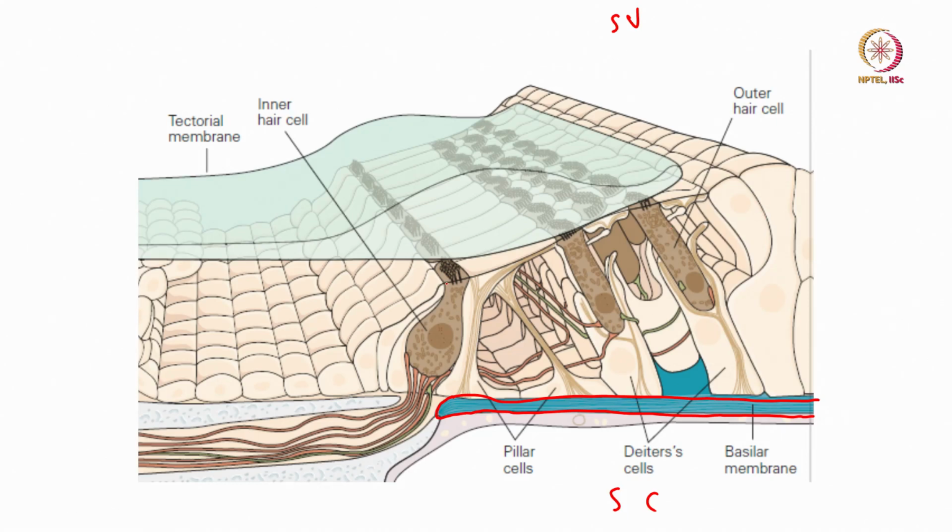We start with the most important cell, something called the inner hair cell. As you can make out here, it has several synaptic connections, and these synaptic connections go on to the ganglia.